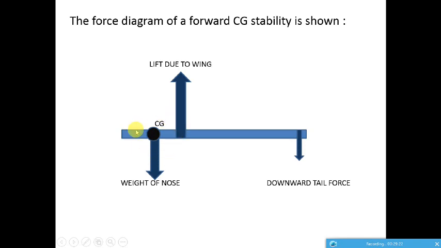If we add this force, then the aircraft can be stabilized, and the amount of force needed depends on the length of this force from the CG. It's called the moment of this force about this point. By varying the length, you can adjust the force, or for a fixed length you can adjust the force.